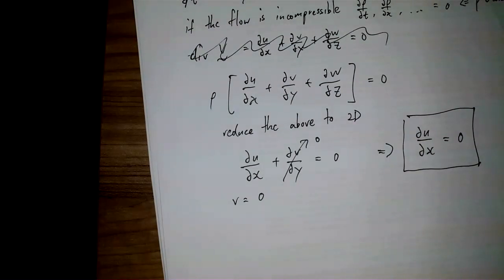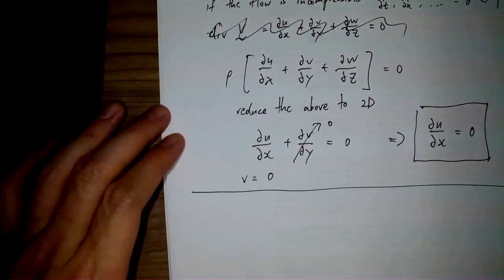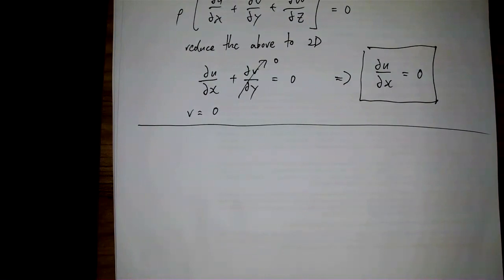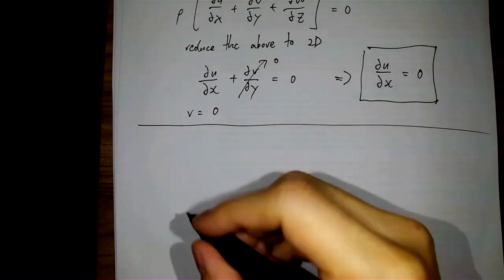Now we need to look at the momentum equation in the x direction itself. Again, I just want to do a 2D case, so I can ignore all the du by dz terms.